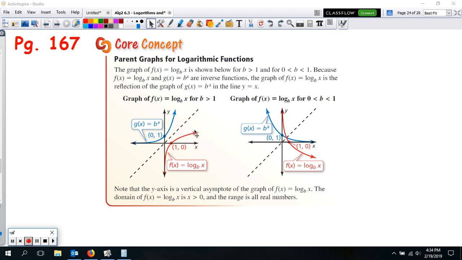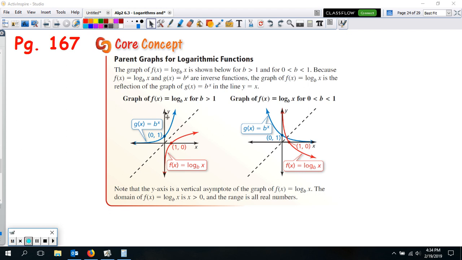Here in red is the logarithmic function, and it's a reflection over this diagonal line, which is the y equals x line. We talked about that when we did inverse functions, that the inverse function is always going to have a reflection over this line. You can see that it's always exactly the same distance away from that line of reflection.